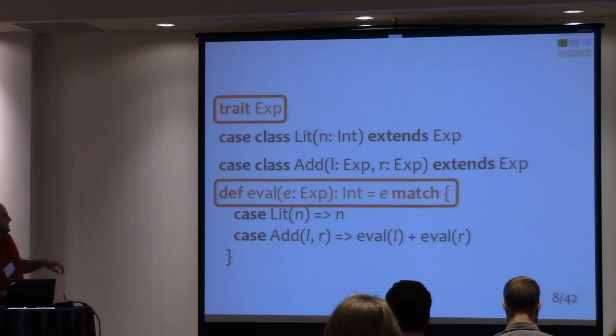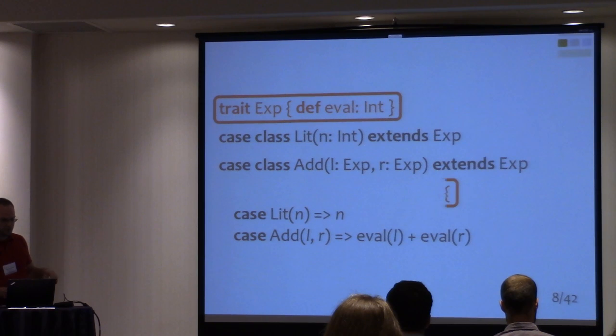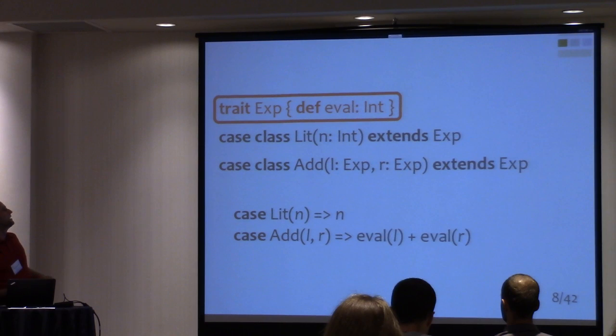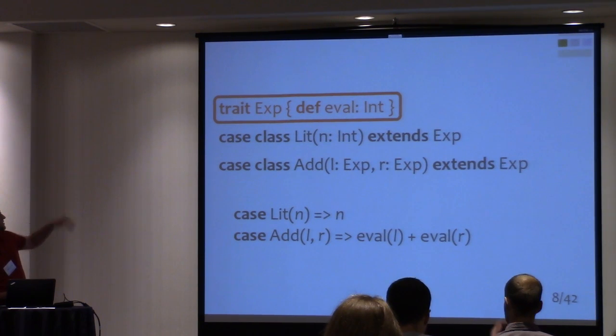And what we can do is we can pull the consumer into the type. Okay? So in Scala, that means that we say, well, our trait expression actually has one method, which is called eval, and returns our integer. So instead of having the separate consumer, we pull the consumer into the type. And now we need to do something to the two case classes, and we can actually turn them into functions.